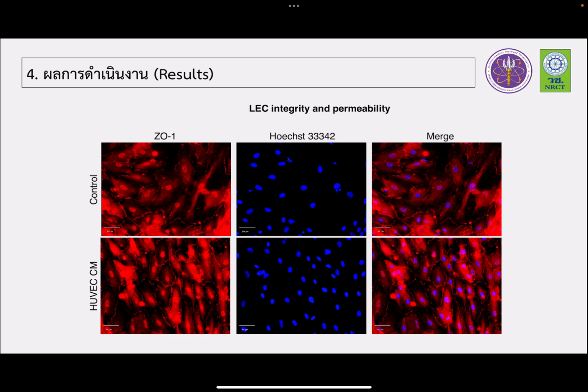And we found that the HUVEC conditioned media did not significantly affect the expression levels as well as the localization of these tight junction proteins. So it means that the HUVEC conditioned media or HUVEC derived factors might not have any impact on the functions of LECs.